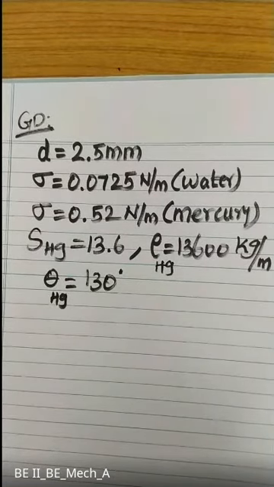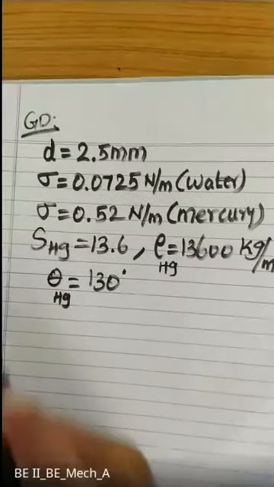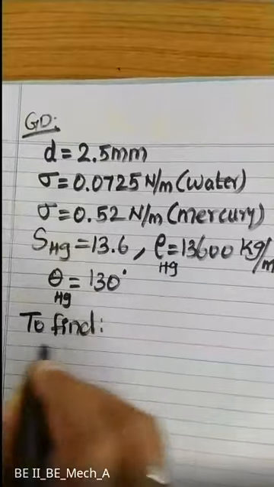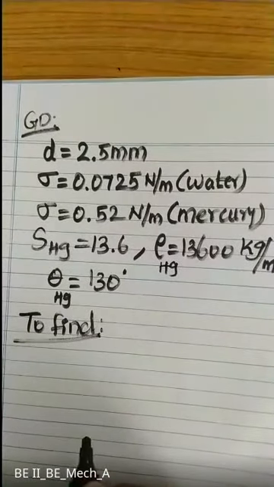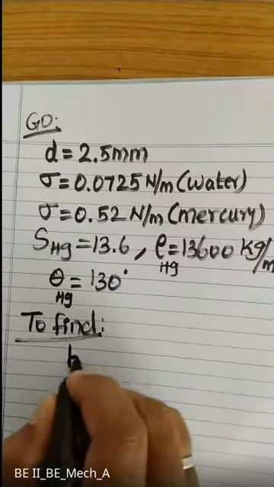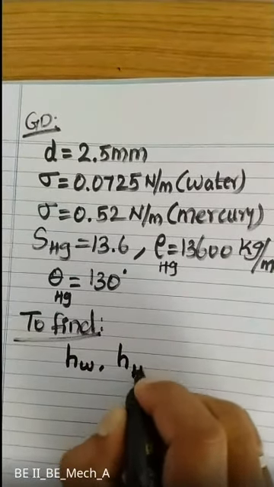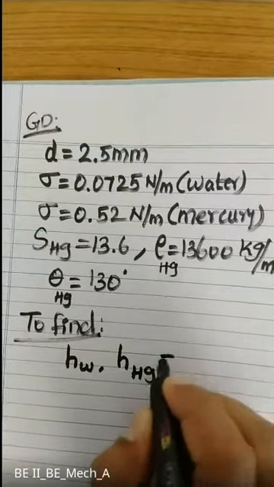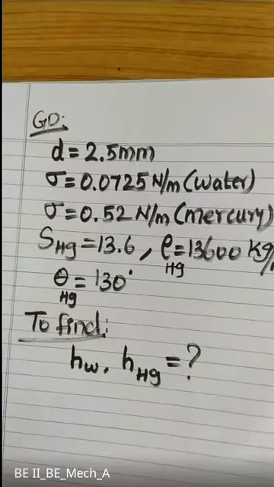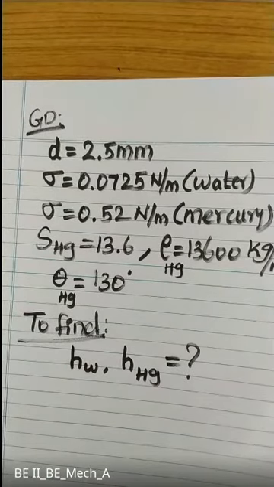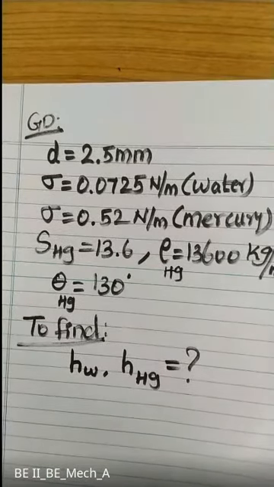What are all the values we have to find? Calculate the capillarity rise. The notation is H, that means we have to find the height of the capillarity rise. H for water and also H for mercury. We have to find both, because capillarity rise will be only in water. You'll have a capillarity fall in mercury.